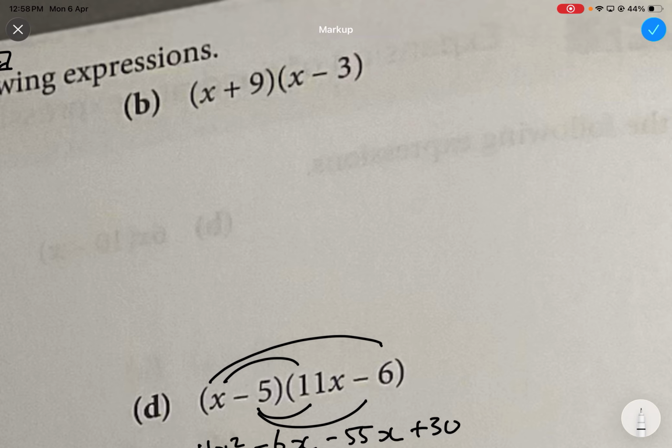Minus 3x means I move 3 steps to the left. Then I move 9 steps to the right.